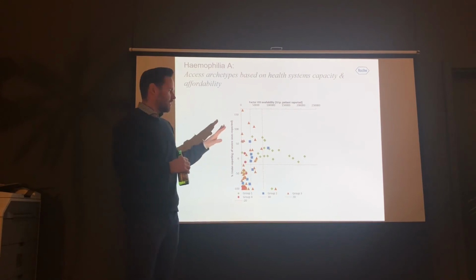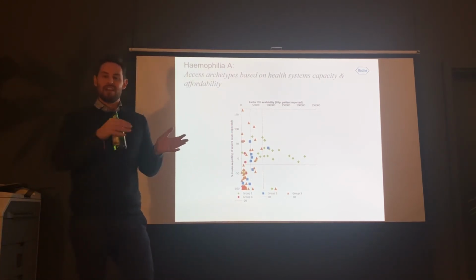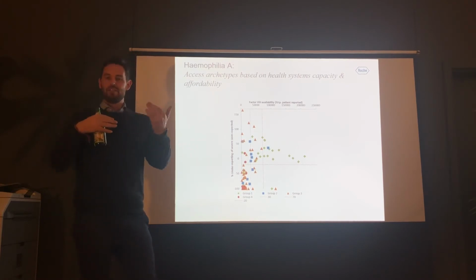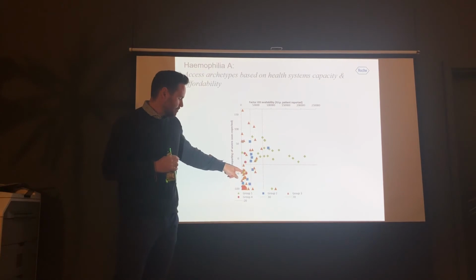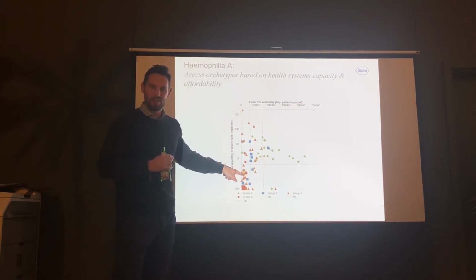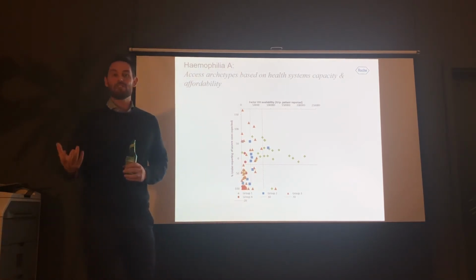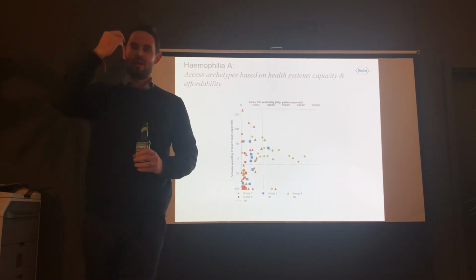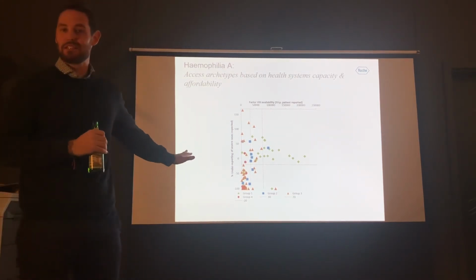But this archetyping, this visualization, helped the team understand the issues in 3 dimensions. You could see, for instance, that there are some countries with very poor performance in terms of treatment and diagnosis with a high affordability. These are rich countries that seem to underestimate the problem. This is generally the Middle East.